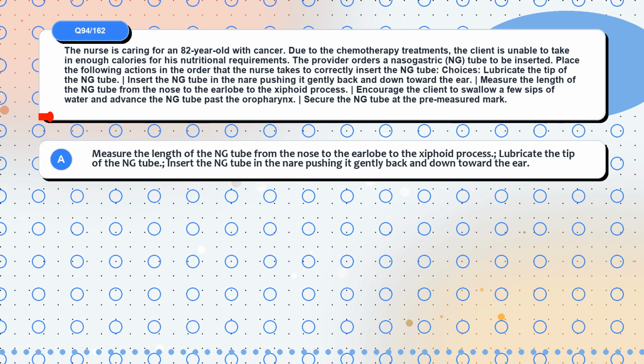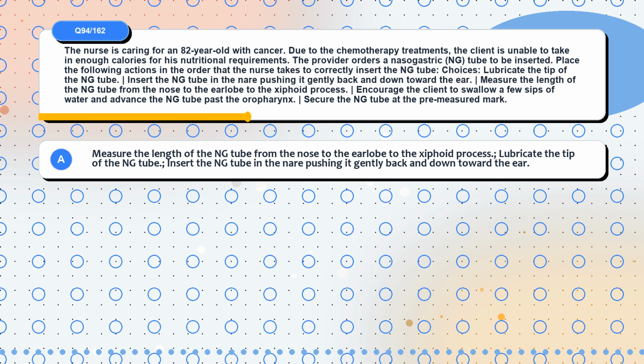Question 94. The nurse is caring for an 82-year-old with cancer. Due to the chemotherapy treatments, the client is unable to take in enough calories for his nutritional requirements. The provider orders a nasogastric (NG) tube to be inserted. Place the following actions in the order that the nurse takes to correctly insert the NG tube.